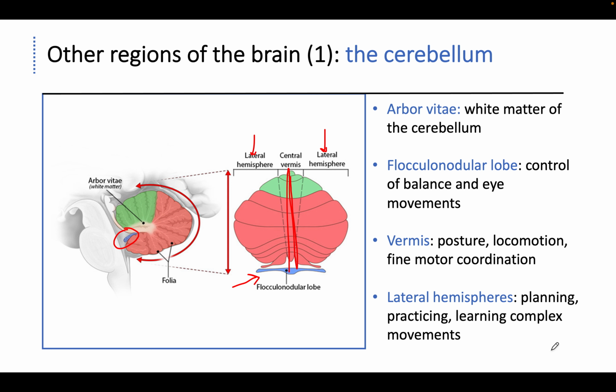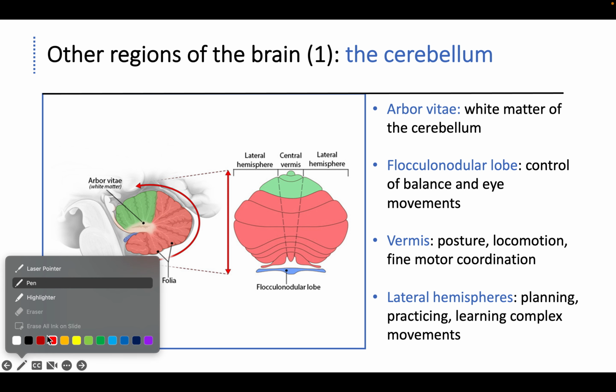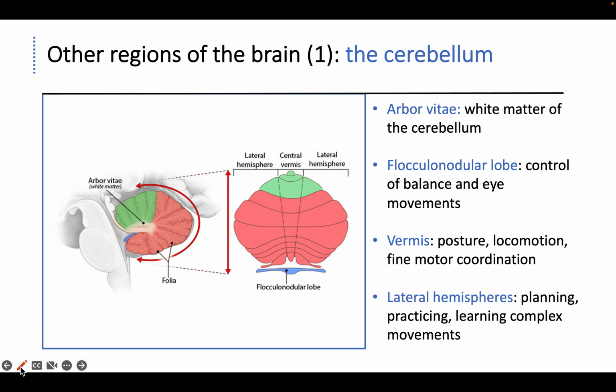And these have to do with things like learning, practicing, planning out complex movements that are very specific and very particular. Okay. So in general, our cerebellum is controlling and managing and coordinating motor activity with respect to coordination and balance and posture and muscle tone and proprioception and kind of all these related functions.